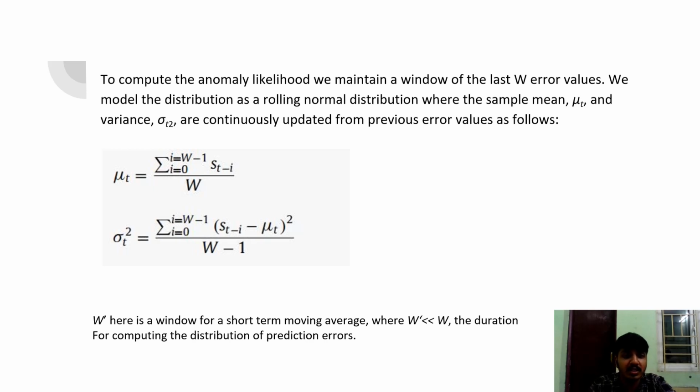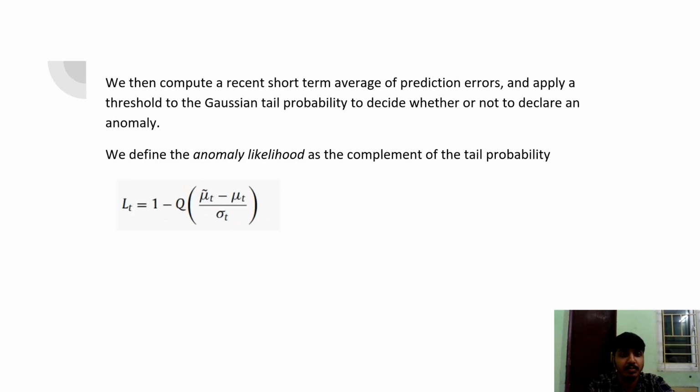For the duration of this calculation of mean and variance, we take W', a certain duration which depends on the particular dataset we are using, and we compute a recent short-term average of the prediction errors and apply a threshold to the Gaussian tail probability to decide whether or not to declare an anomaly. We define the anomaly likelihood as the complement of the tail probability, as follows.